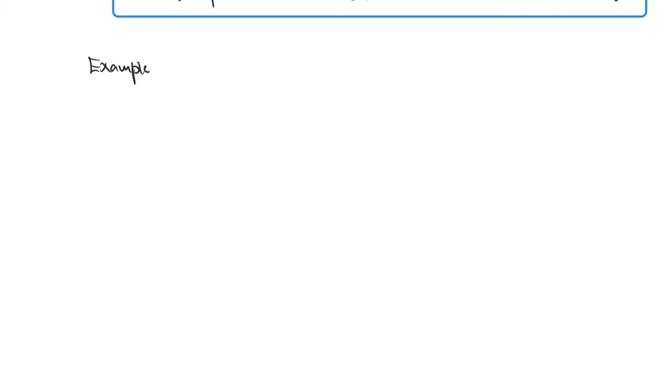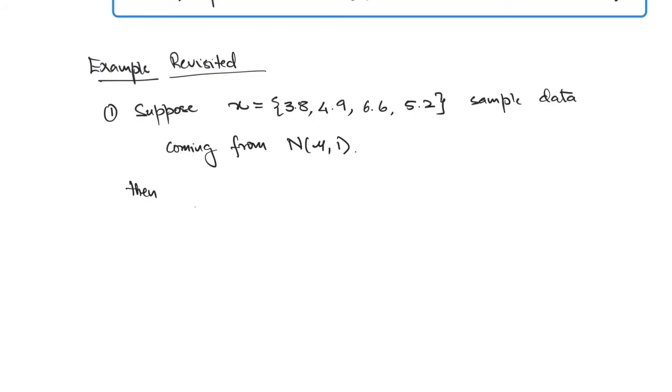We revisit the example. So suppose now our sample data is given as follows. Coming from the normal distribution, we can calculate the sample mean as 5.125.